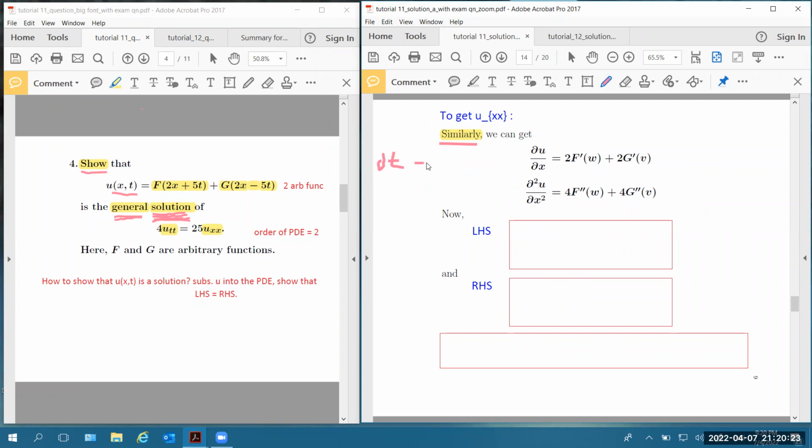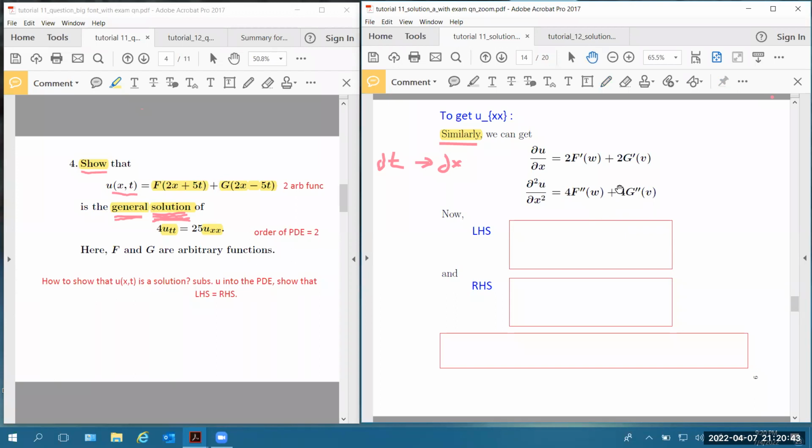Then you just change it to your del X. Is that all right? So then you'll be able to get these two. So everybody okay now?